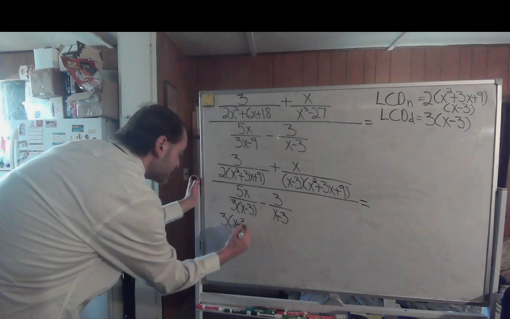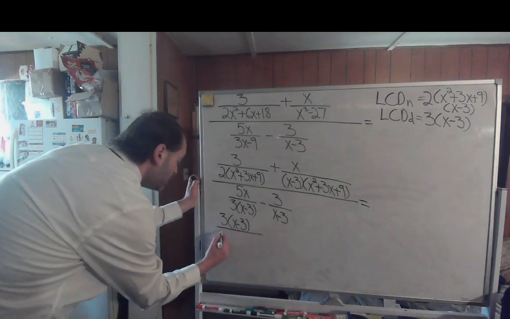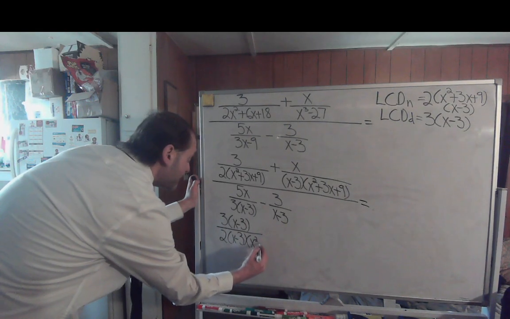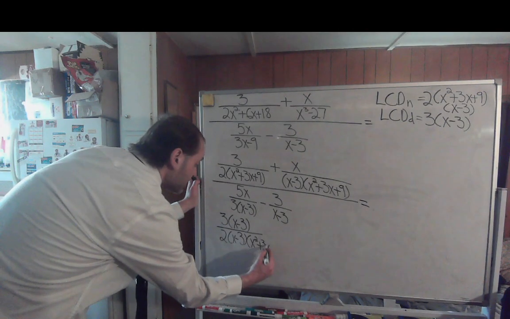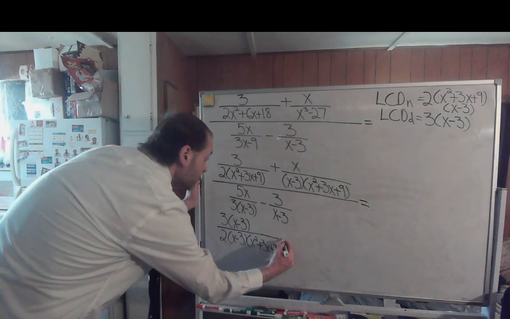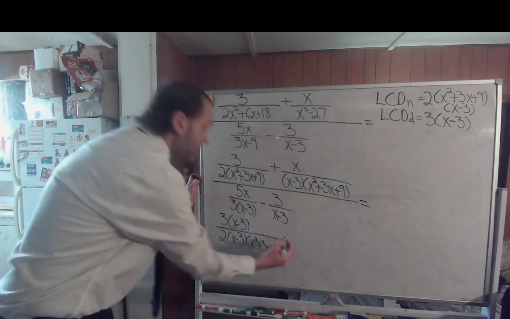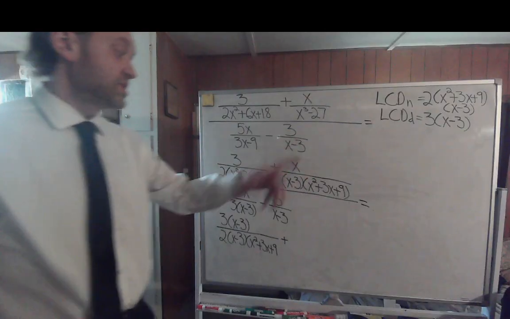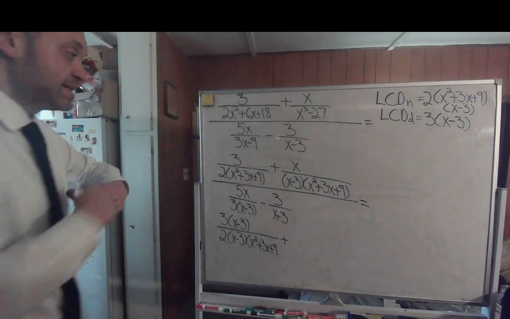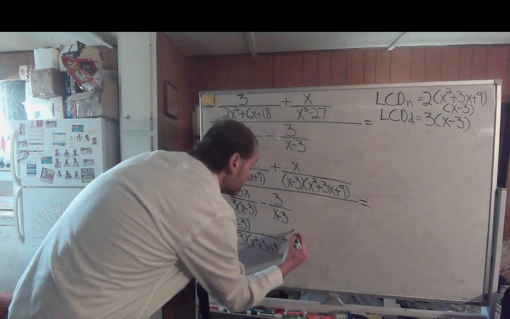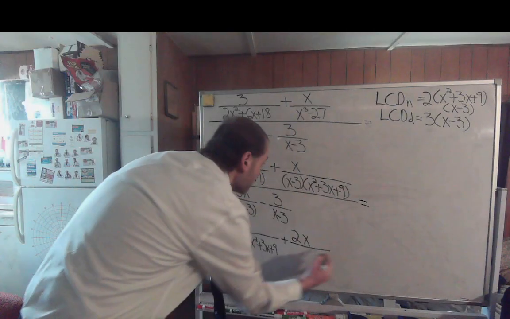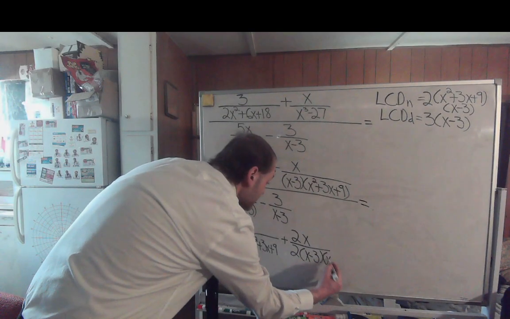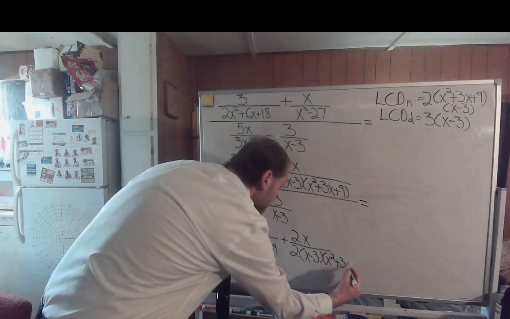So 3 times x minus 3 all over 2 times x minus 3 times x squared plus 3x plus 9, plus, okay. The only thing we're missing on the denominator of the second term of the numerator is the 2. So you have to multiply both numerator and denominator by 2. So this would be plus 2x all over 2 times x minus 3 times x squared plus 3x plus 9.